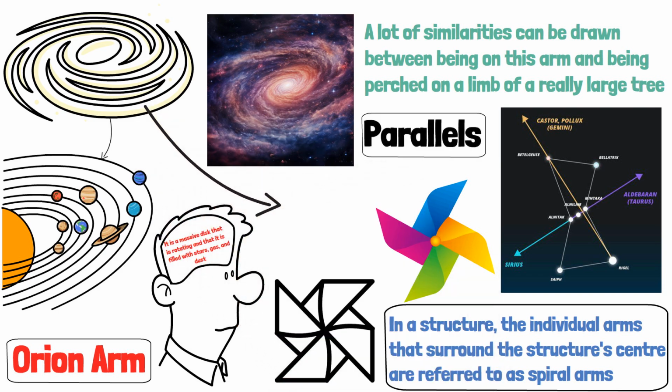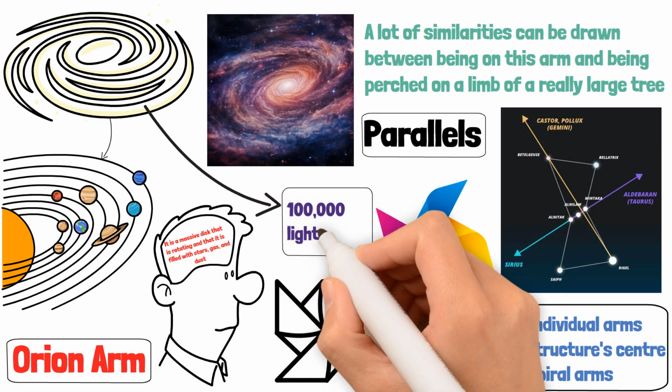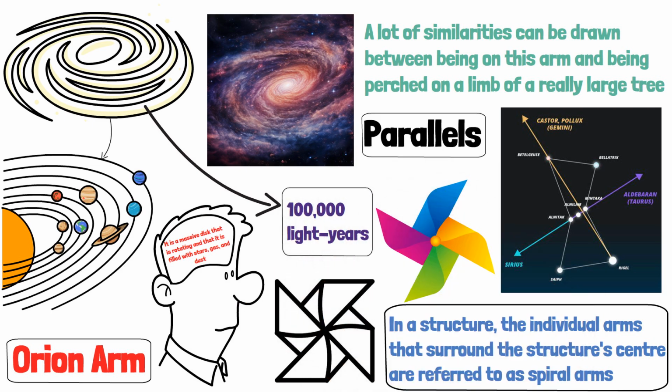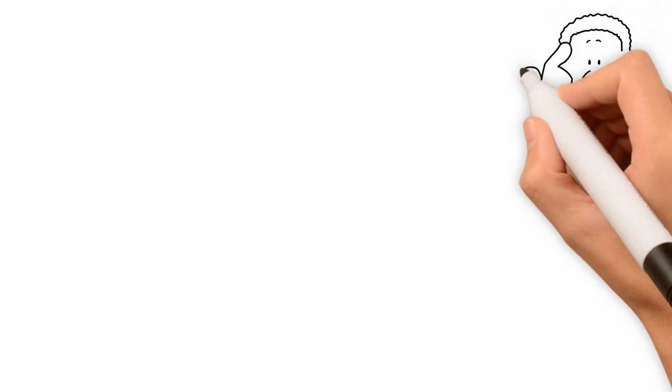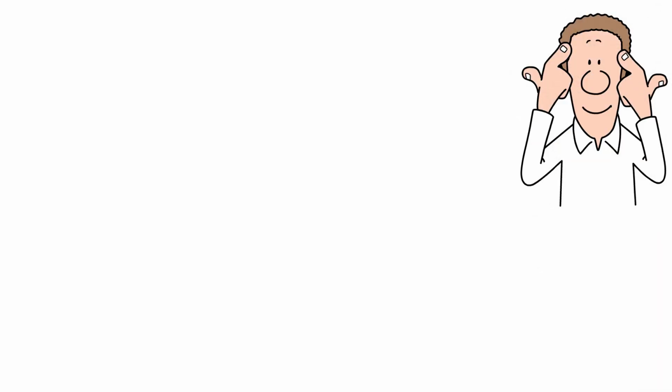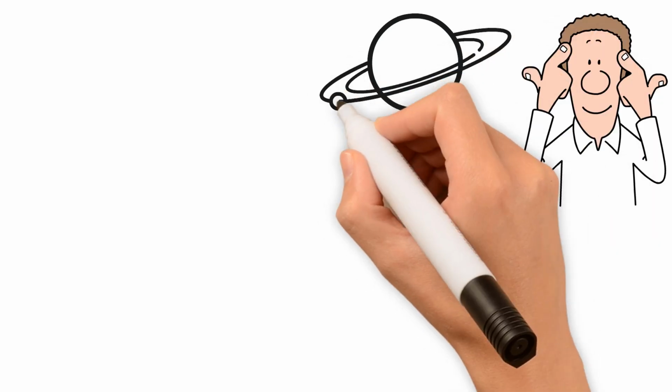The Milky Way is estimated to have a diameter of around 100,000 light-years, according to certain calculations. This makes up a considerable portion of space and demonstrates that it is extremely large.